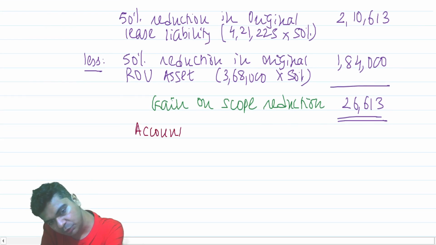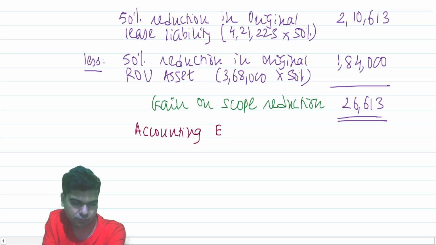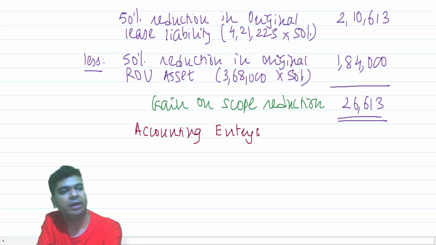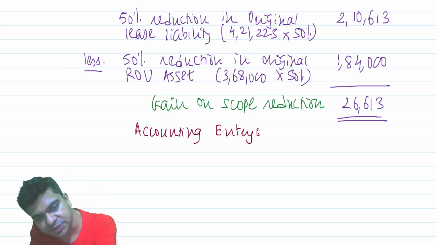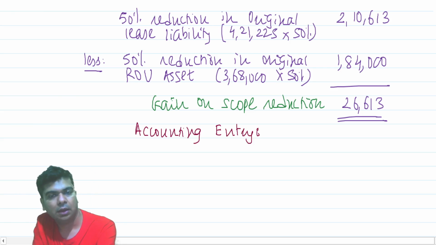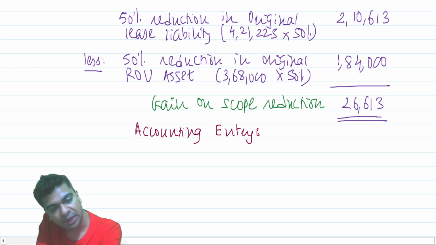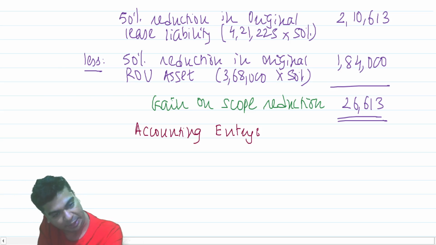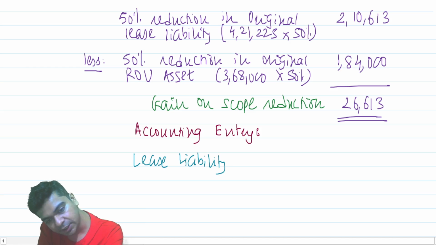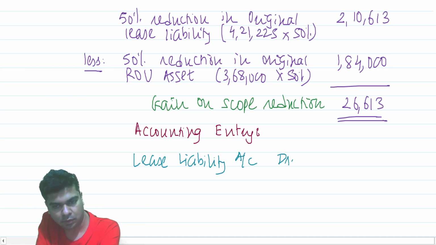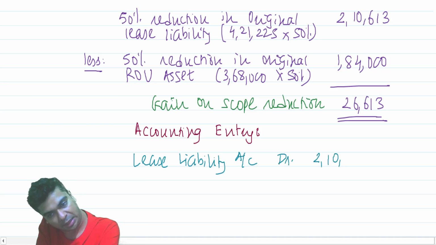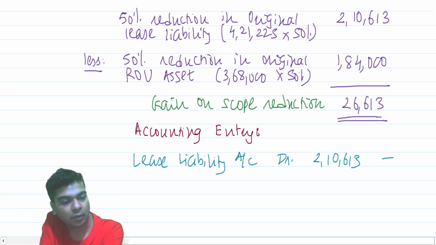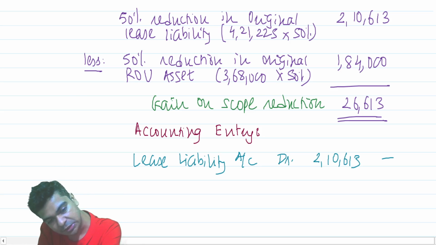We can put an accounting entry for the same. What do you say? Lease liability is decreasing. Liability has a credit balance. It is decreasing, so debited. Lease liability account debit 2,10,613. ROU asset is also decreasing.